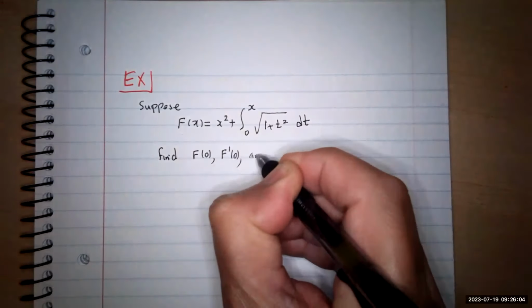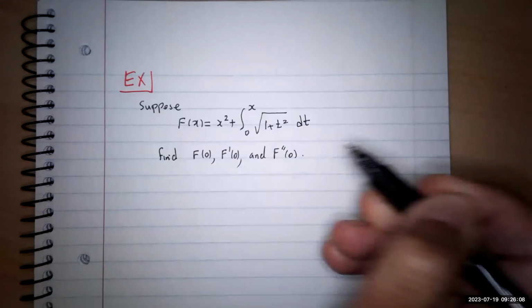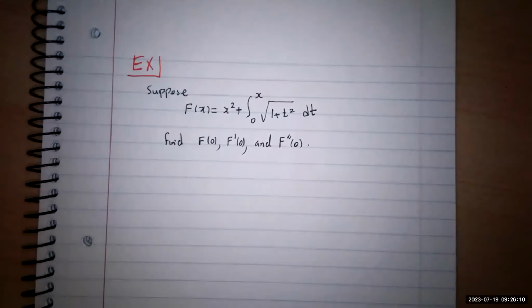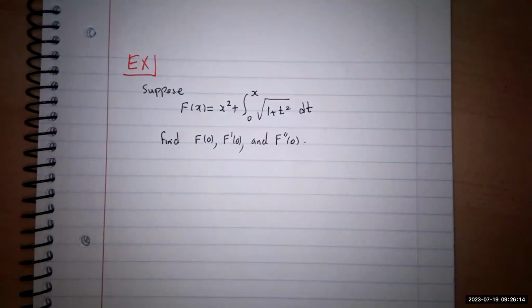And what is f double prime of 0? Three cases that we are interested in: the function itself, the derivative or rate of change, and the second derivative or the acceleration or concavity. Again, it's an integral function. We cannot change it, so we take it as is.